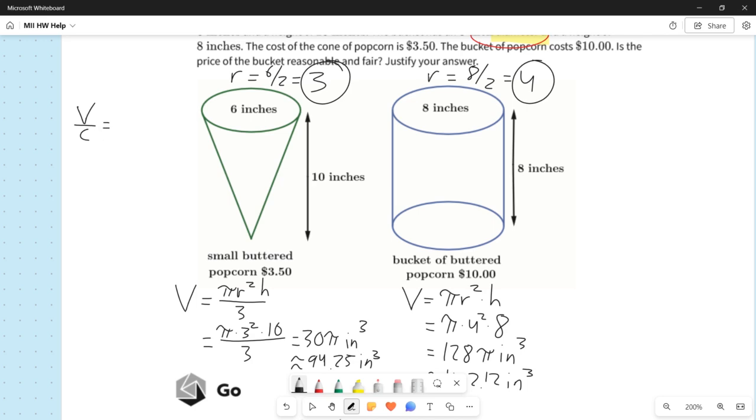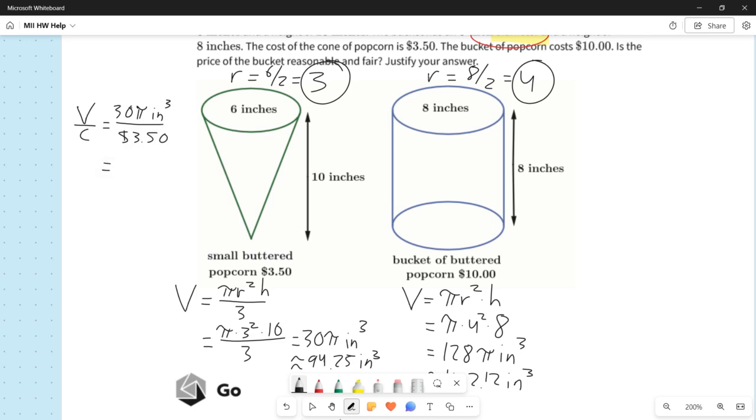So for the cone, my volume, I'll use my exact answer. My volume was 30 pi, and this was cubic inches. And my cost in the description was $3.50.